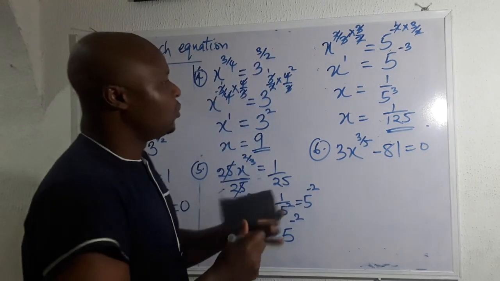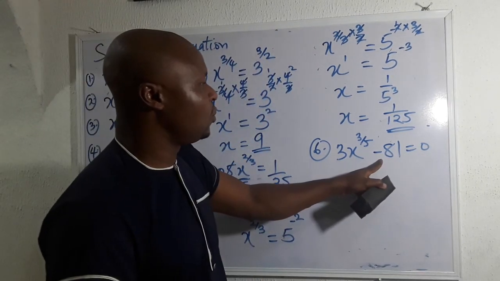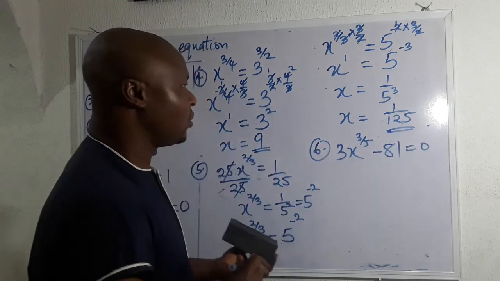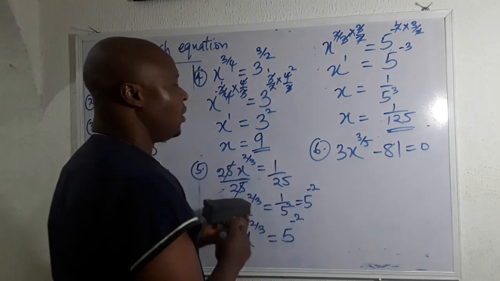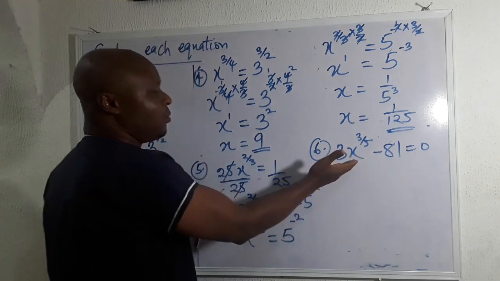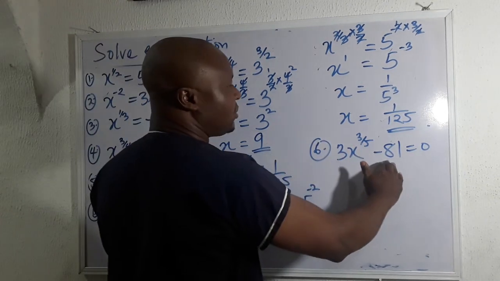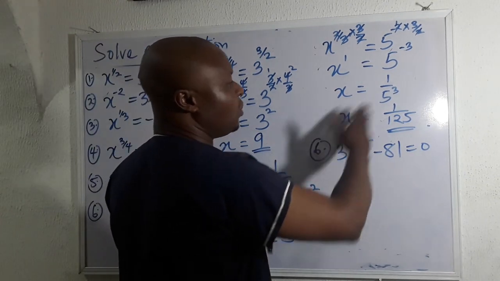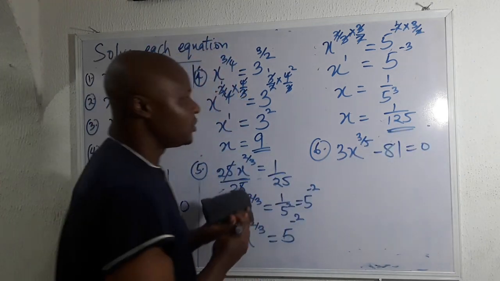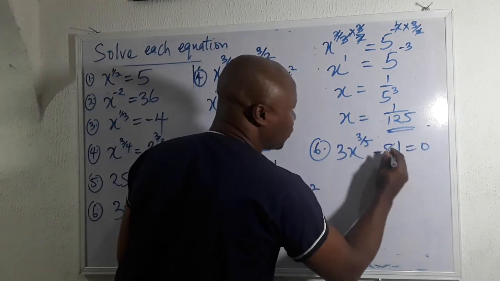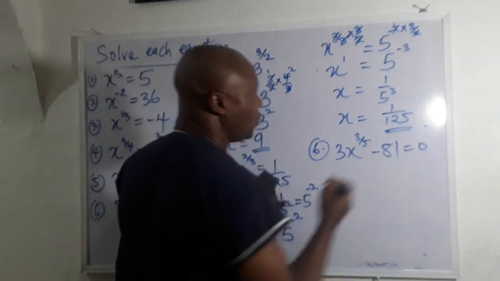So in doing this, we move the constants to the right hand side. We collect like terms. All the terms containing a variable x will be this way. Then the constants, those that are not having x, we move to the right hand side. Of course, if this minus crosses the equality sign, it changes to plus.